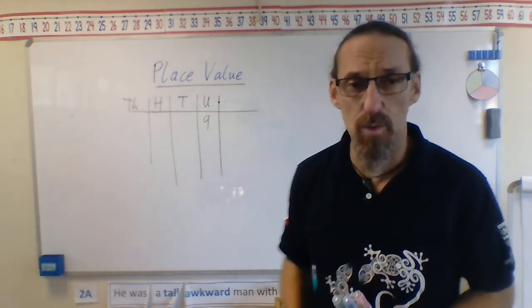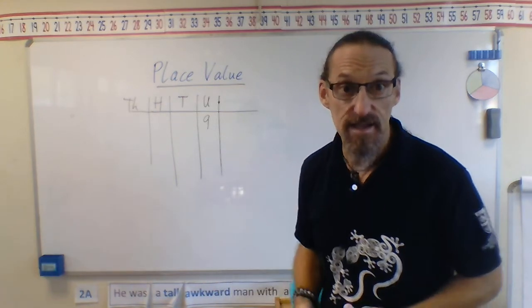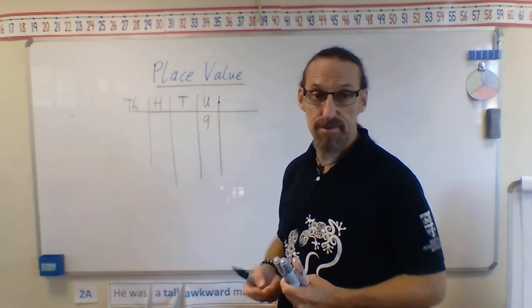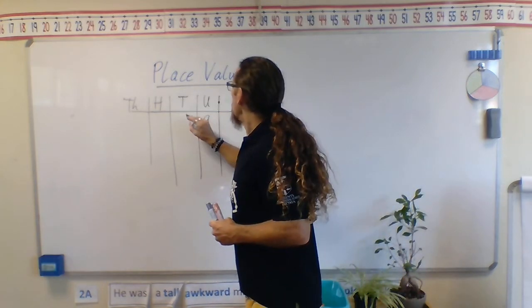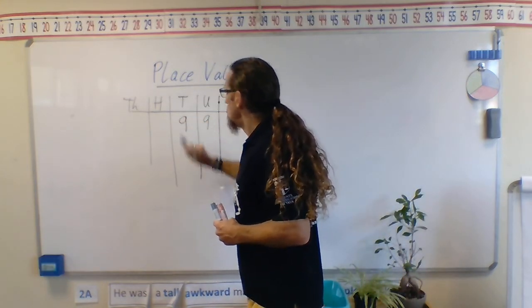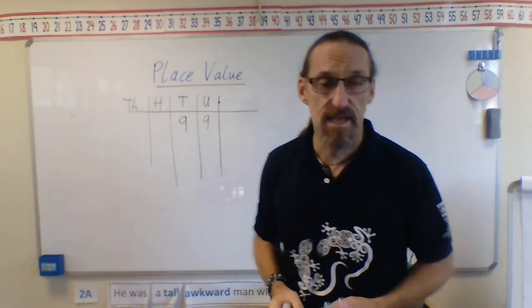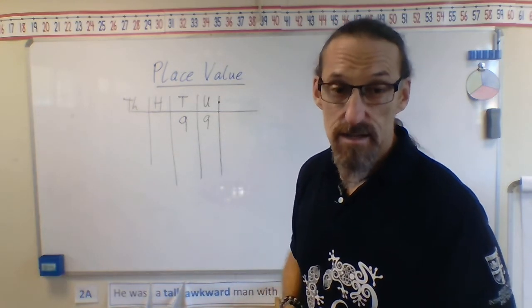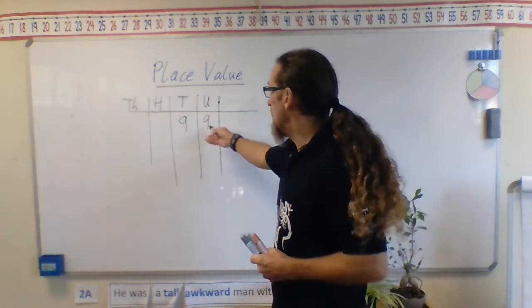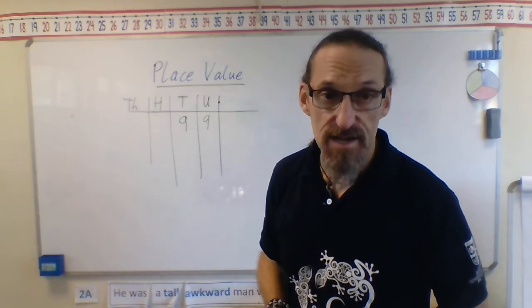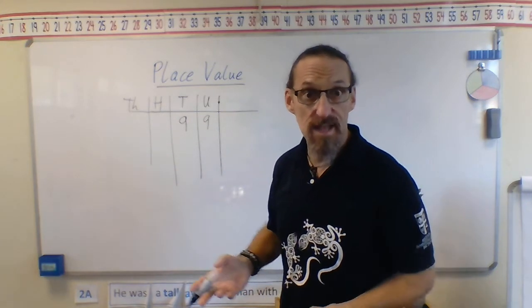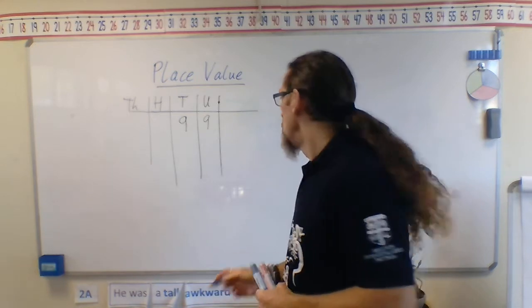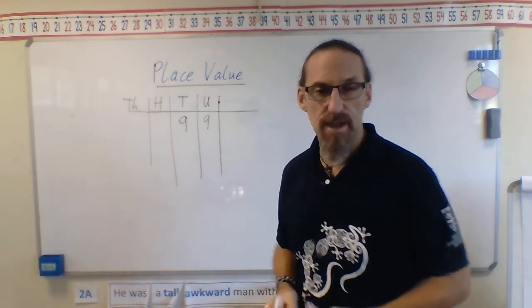If I put 9 in the ones column, then I have the number 9, which means maybe I've got 9 apples. If I put a 9 into the tens column, that represents 9 tens, so I've actually got 90 items plus the 9 units, so I've got 99 items. So I could have 99 apples, for example. So 9 is the maximum I can put in one column.